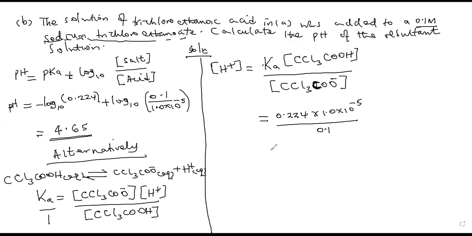So this will give you the concentration of hydrogen ion as 2.25 times 10 to the power negative 5 moles per decimeter cubed. After getting this, you can easily get your pH because you have the concentration of hydrogen.